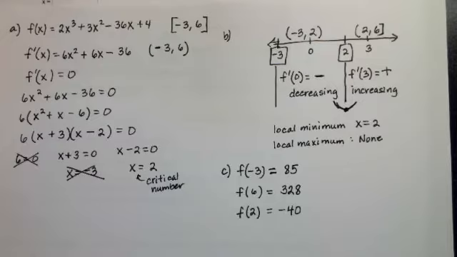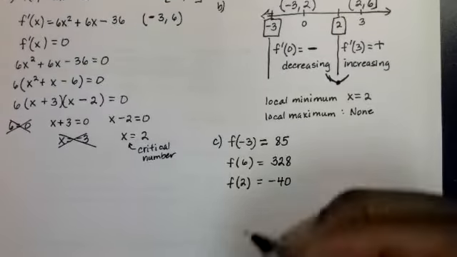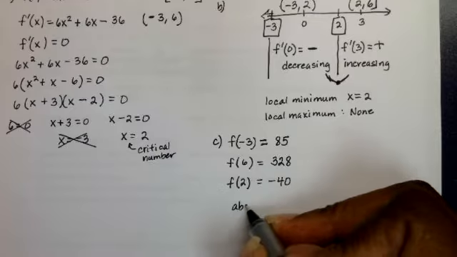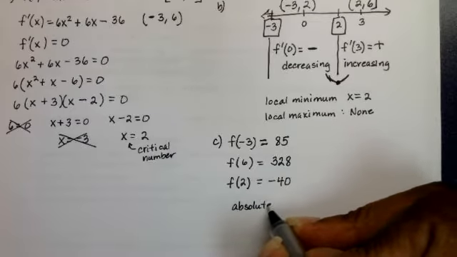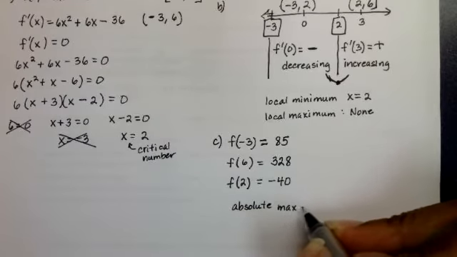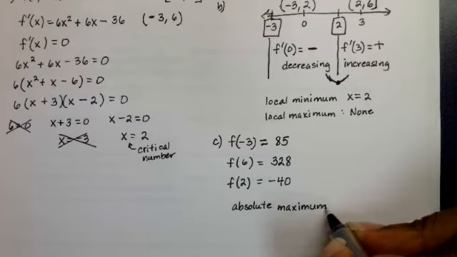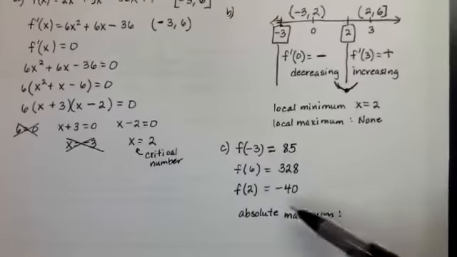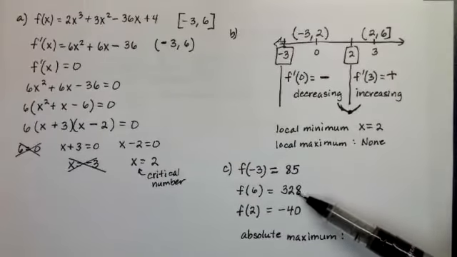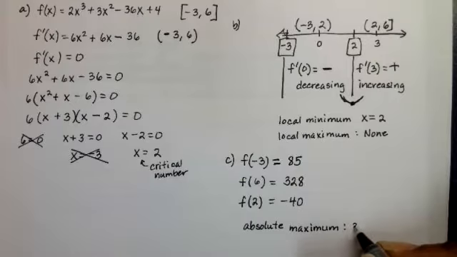So the absolute maximum, and they just want the value, the absolute maximum value, is the largest of these three, which is of course 328.